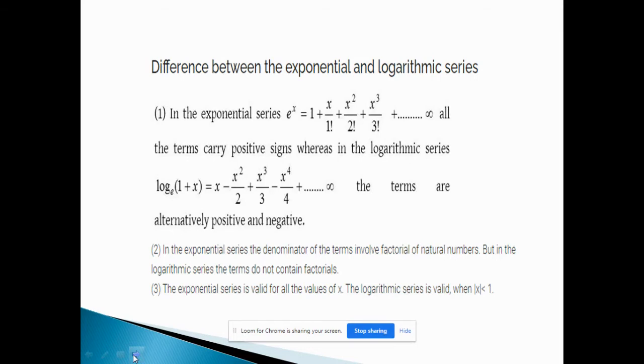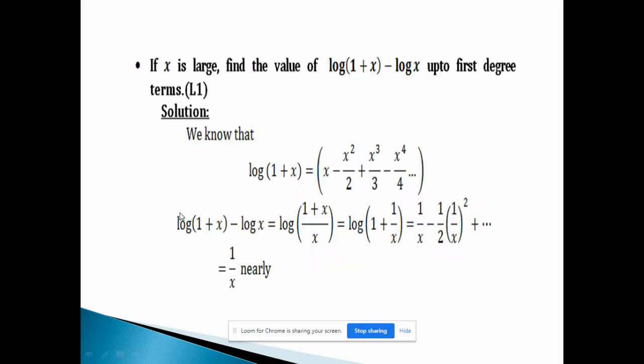Let us see a few examples based on the expansion. The first one: if x is large, find the value of log of 1 plus x minus log x up to the first degree term. We know the expansion of log of 1 plus x equals x minus x square by 2, x cube by 3 and so on.